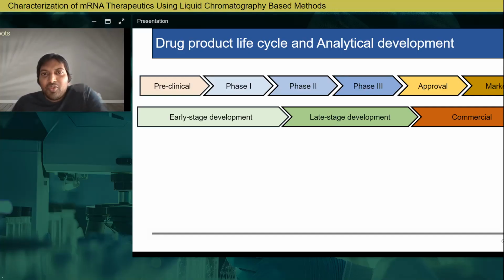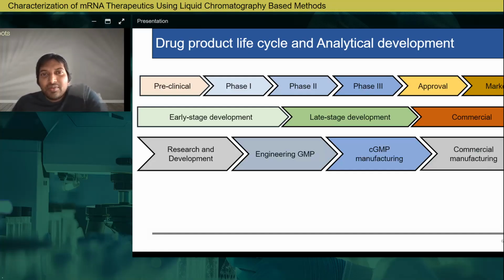And looking at it from a manufacturing point of view, once the initial process development happens in R&D, and then we move into phase one and phase two, we understand the process and stabilize the process. We call them engineering GMP.